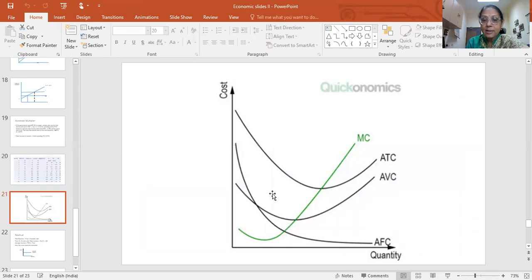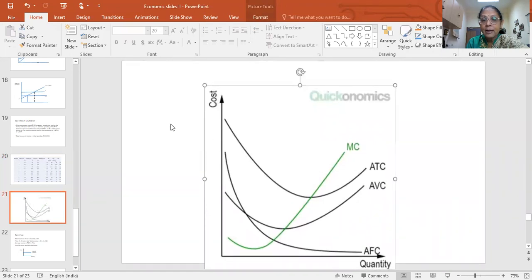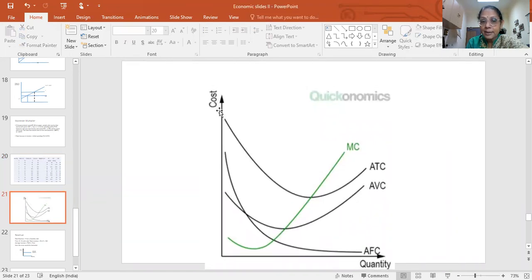So first, you will, of course, draw the two axes, cost on the y-axis and quantity on the x-axis. Now, draw an average cost curve, or average total cost curve, like this. Okay, it is going to be a U-shaped curve.